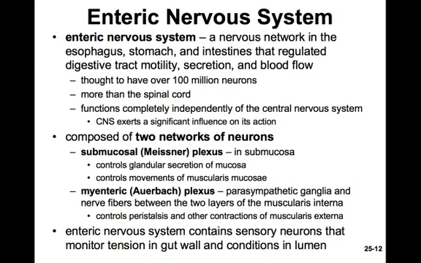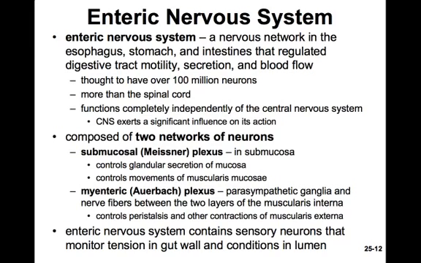The submucosal plexus is in the submucosa. It's mainly involved in control of glandular secretions, and it controls the movements of the muscularis mucosa. The myenteric plexus primarily involves parasympathetic ganglia. You'll remember those from last semester when we talked about the parasympathetic system and the ganglia that are close to the digestive organs.